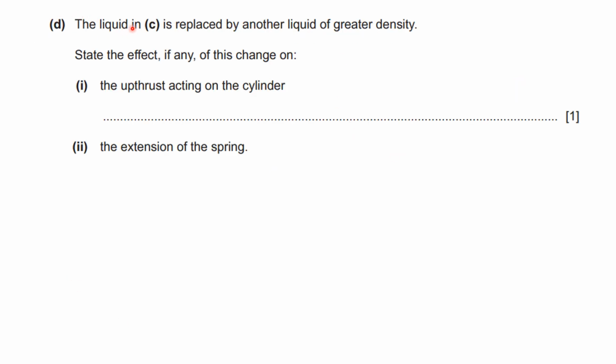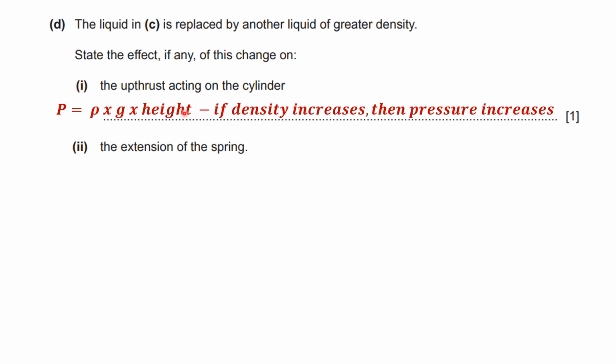Question D. The liquid in C is replaced by another liquid of greater density. State the effect, if any, of this change on the upthrust force acting on the cylinder and the extension of the spring. To relate the upthrust force with the density, we have this formula: pressure is the density times g times height. So if the density increases, then pressure increases.